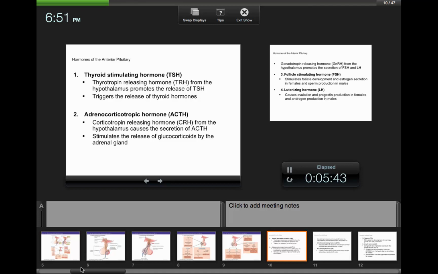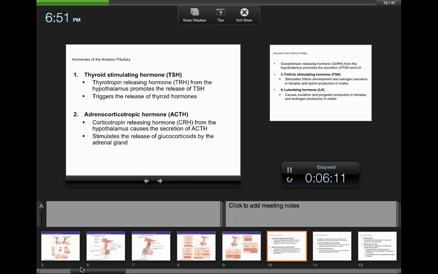Comes from the hypothalamus, travels to the anterior pituitary, where it releases thyroid stimulating hormone, or TSH. Okay?